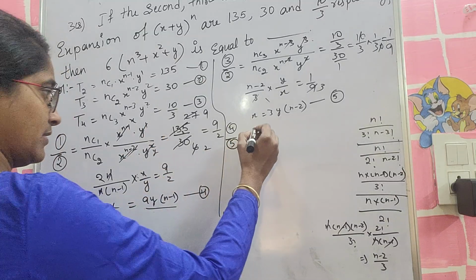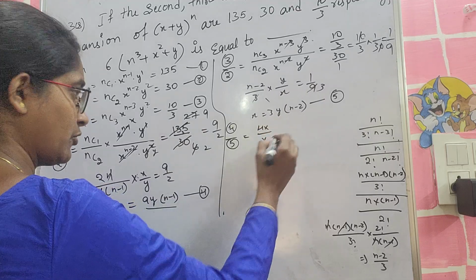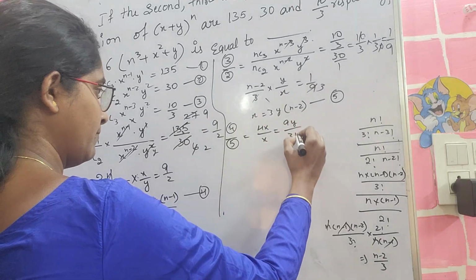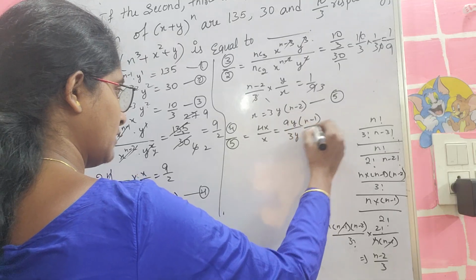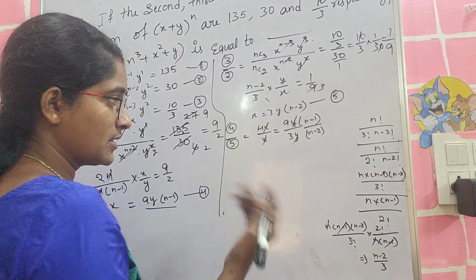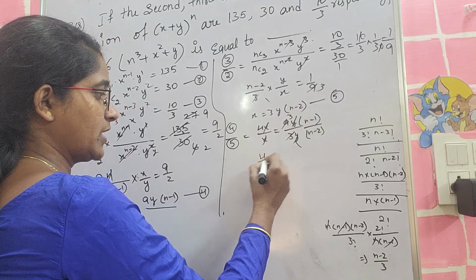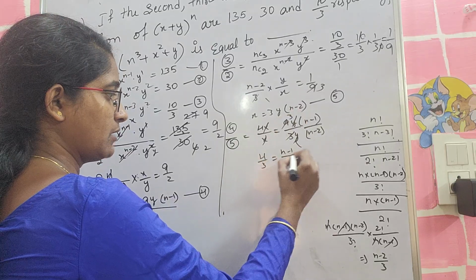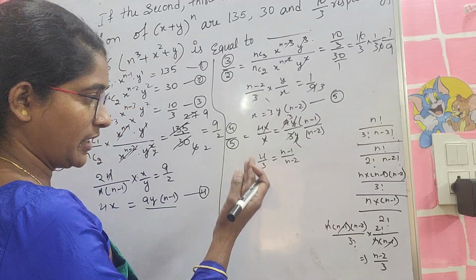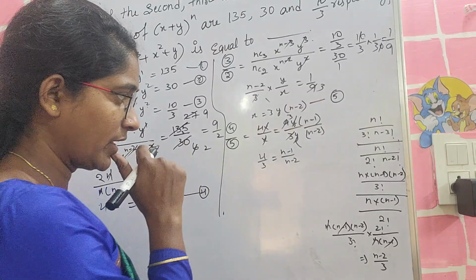X by x, right? 4 is what here? 4x by x, I'm going to cancel it, is equal to 9y by 3y. Here it is n minus 1 by n minus 2. So x cancels, y cancels, then 3 1s, 3 3s. So 4 by 3 is equal to n minus 1 by n minus 2.